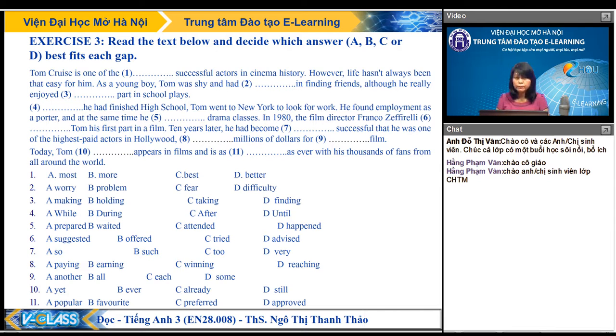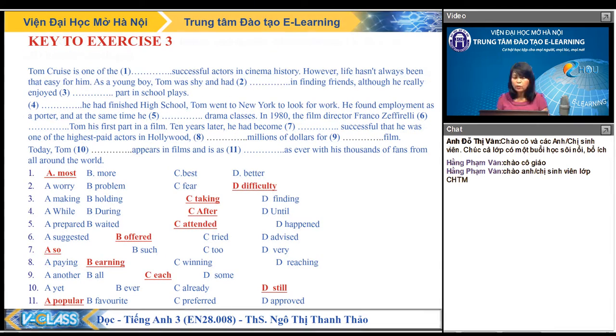Okay, have you finished that? Yes, that's good. Now, please look at the screen here. What about question number 1? Tom Cruise is one of the successful actors in the cinema history. So for this one, the definite article follows that adjective.